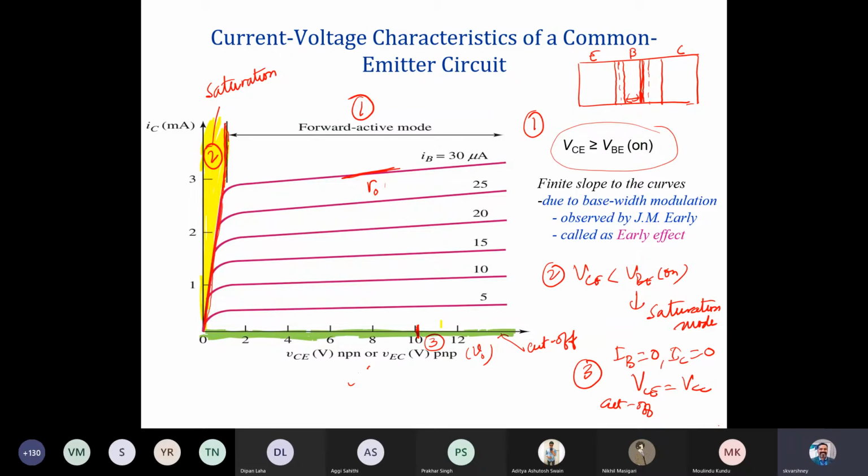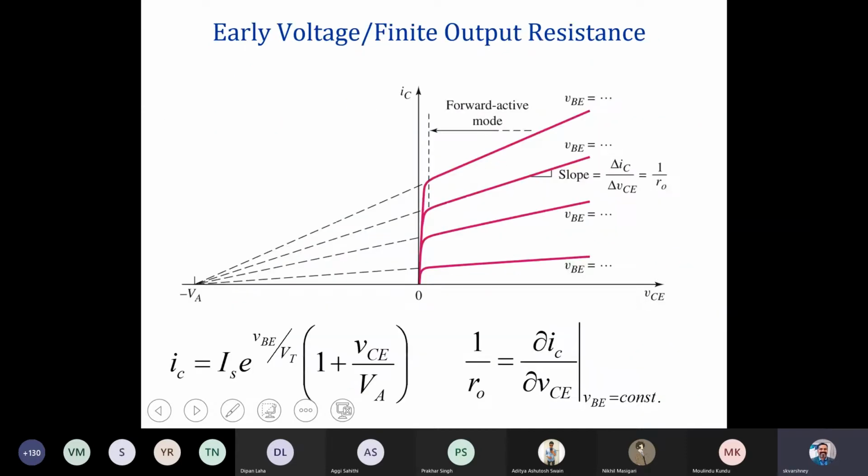Another point to be noted here is that if we extrapolate this characteristic toward the x-axis, since it has a finite slope, it meets at a point on the negative x-axis.